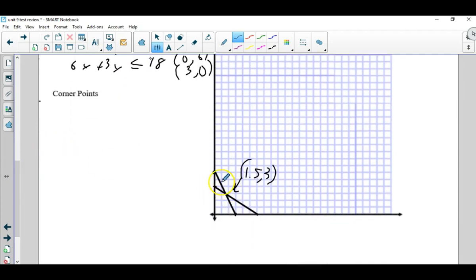So we're going to shade underneath both of these, which means we're really shading this overlap area right here. So my corner points are my 1.5, 3, my 3, 0, my 0, 0, and 0, 4. So those are my 4 corner points that I need to test.